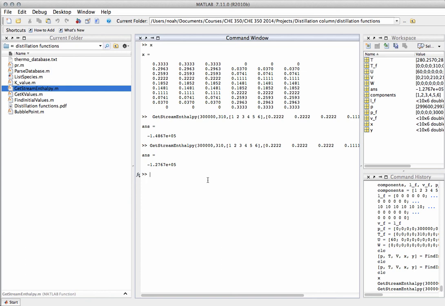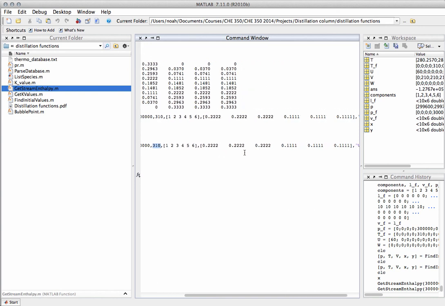Now get stream enthalpy will also work if your inputs are vectors. So the way that it would work is you enter a vector that contains the pressure at every stream you're analyzing, the temperature at every stream you're analyzing. Components is just a list of components. So it's the same thing that would be in the case of analyzing a single stream.